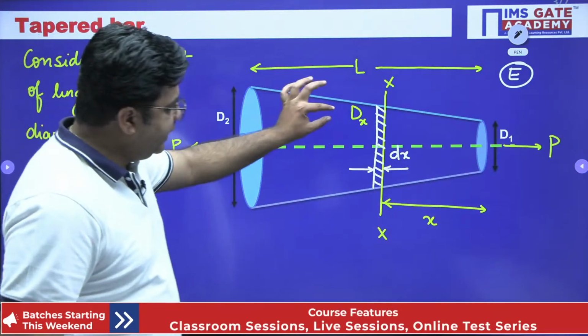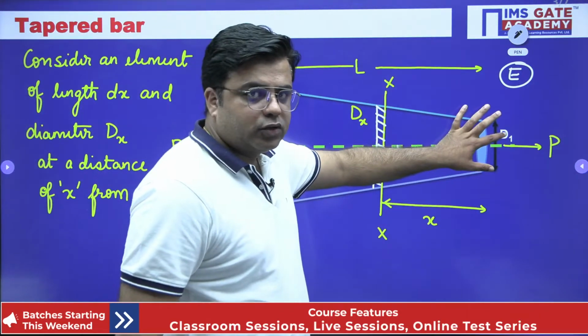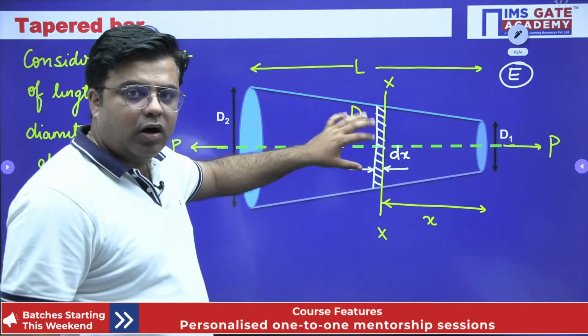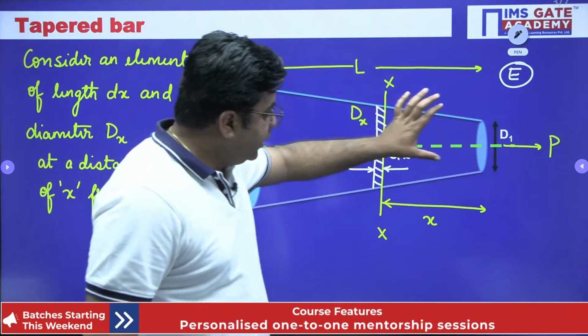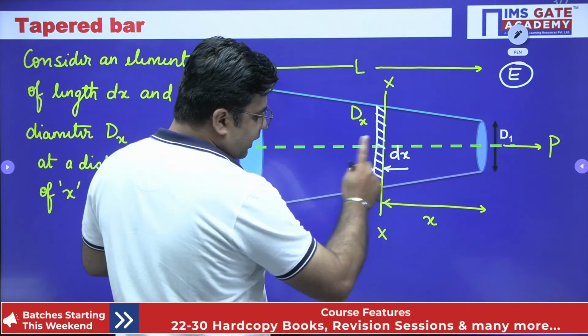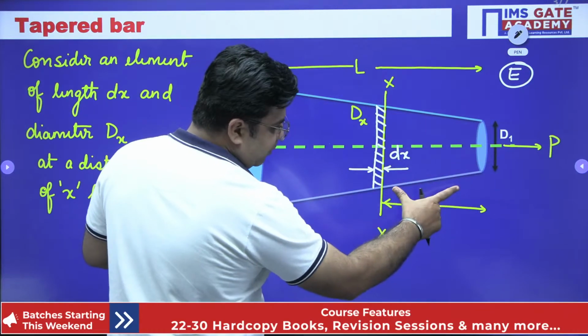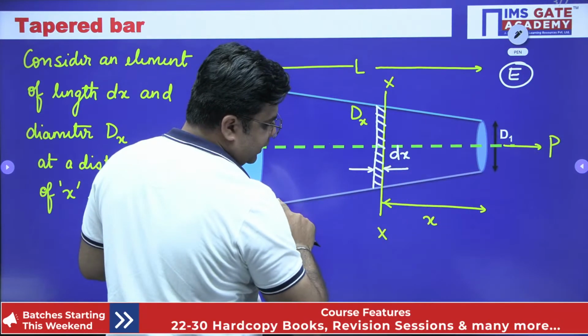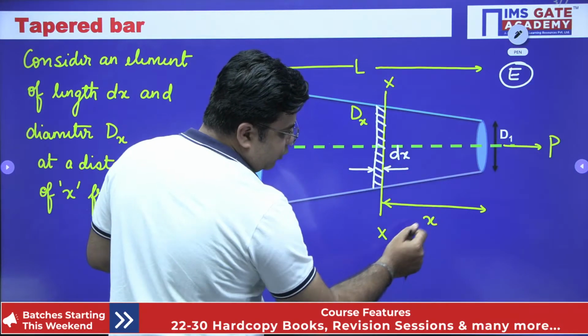So this Dx is more than D1. So we need to add something on D1 to get Dx. Now, how much to add? D1 plus this change in diameter, D2 minus D1, and this total change is happening over length L. So, what change will happen over length x?